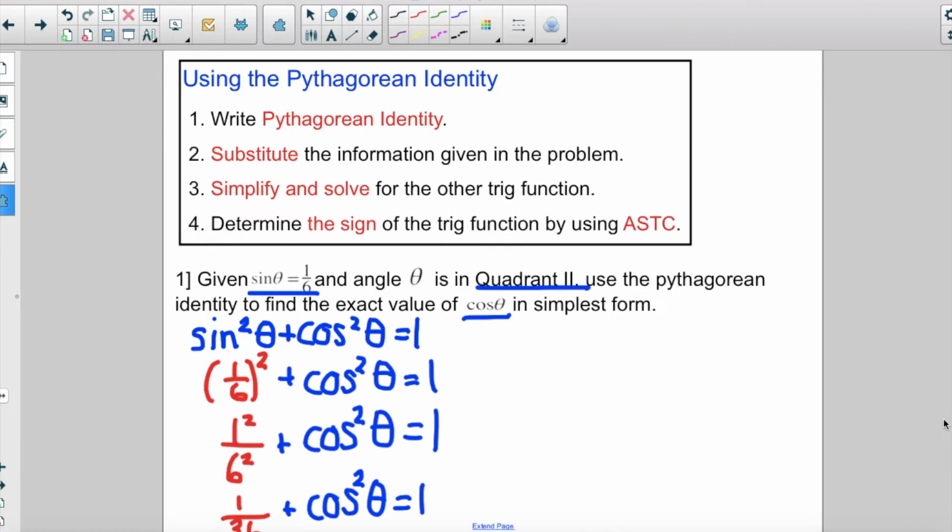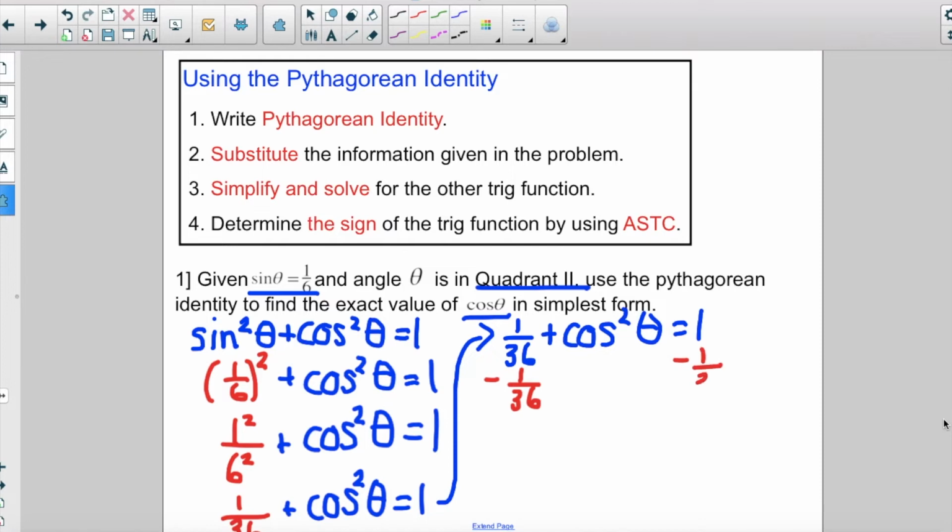What we're going to do next is subtract 1 over 36 on both sides, but I am going to move my work up here. So we had 1 over 36 plus cosine squared theta equals 1. So we have to subtract 1 over 36 on both sides.